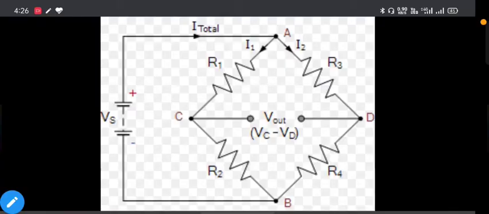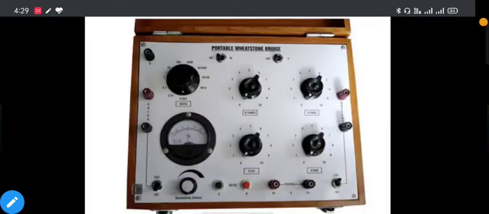This is the circuit diagram of it, and this is the real image of a Wheatstone bridge, with knobs which you can turn to increase or decrease resistance, and you can find the resistance of your own substance. Suppose you have a device or a wire and you want to find the resistance of that piece, then you can attach it to this Wheatstone bridge and find the unknown value of resistance of your sample.